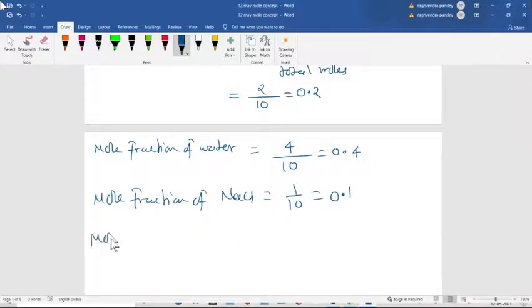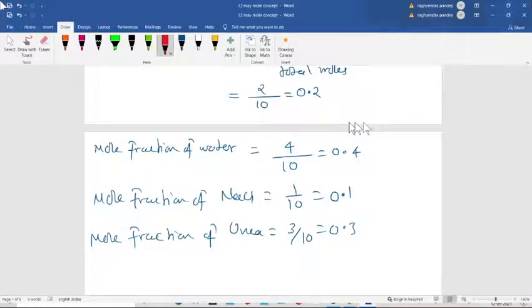And mole fraction of urea, so urea has how many moles? 3 moles, so 3 by 10, so that will be 0.3. Now you see, mole fraction of glucose is 0.2, mole fraction of water is 0.4, it's 0.1 for NaCl, and for urea it is 0.3.